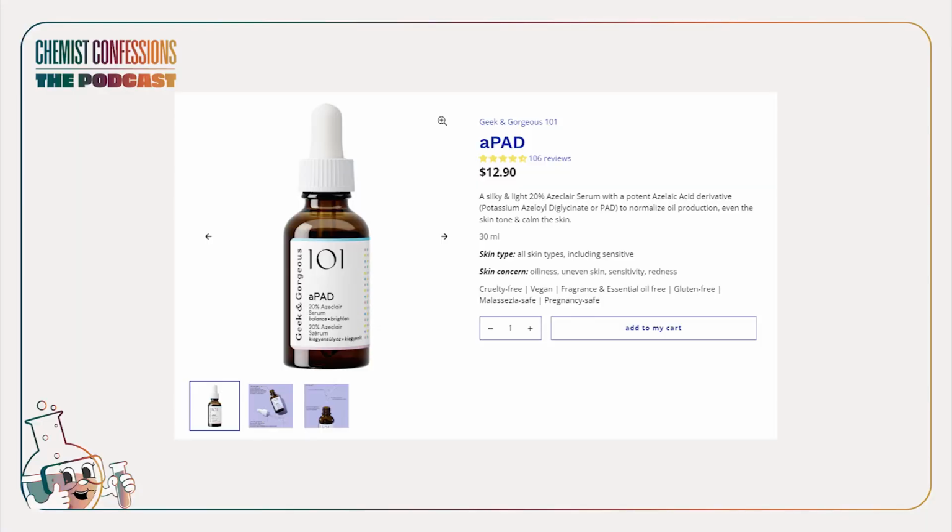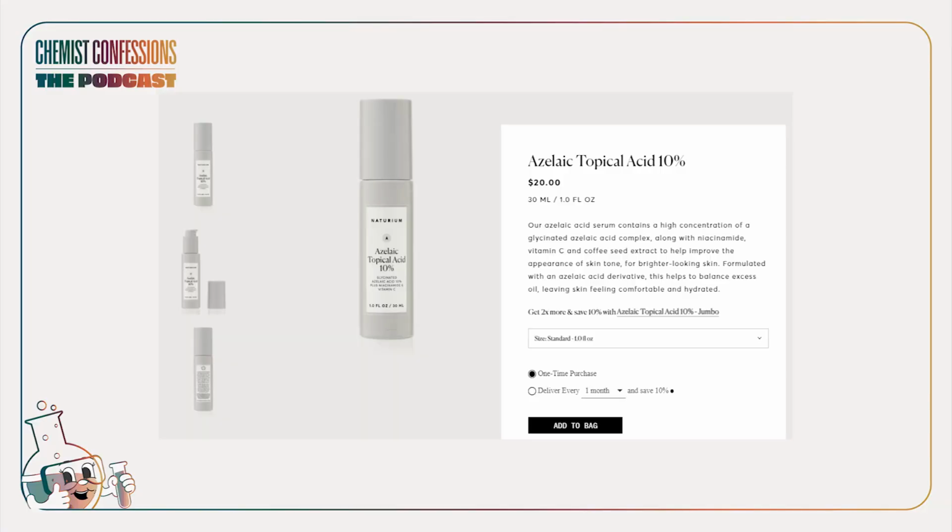Yeah. So, interesting enough, the PAD product landscape is kind of weird. Based on the studies, 3% to 5% is the key. You can get a really large range, and the products that use PAD with a known percentage tend to be way higher than that. So, Beauty Geek has an APAD 20%. Yeah, well, that's like azelaic acid levels. And Naturium has an azelaic acid topical acid.